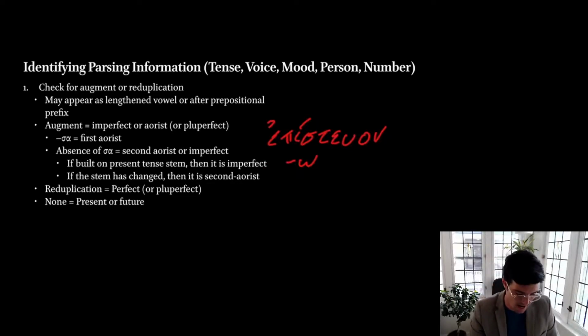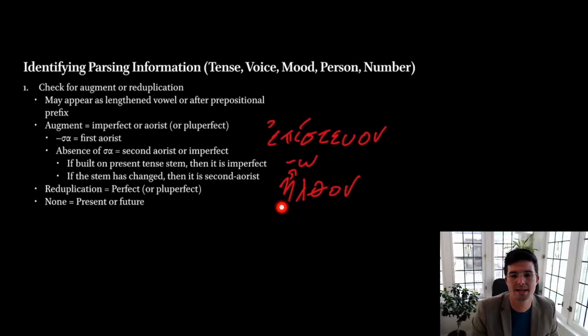So if you find something like elthon, get our accent and breathing mark on there, you recognize this eta as the lengthened augment of epsilon, and you look up eltho by replacing this on with O. You're not going to find eltho as a present tense verb.